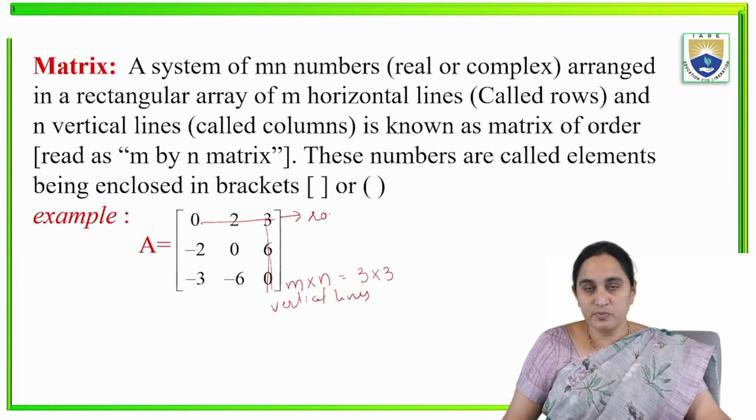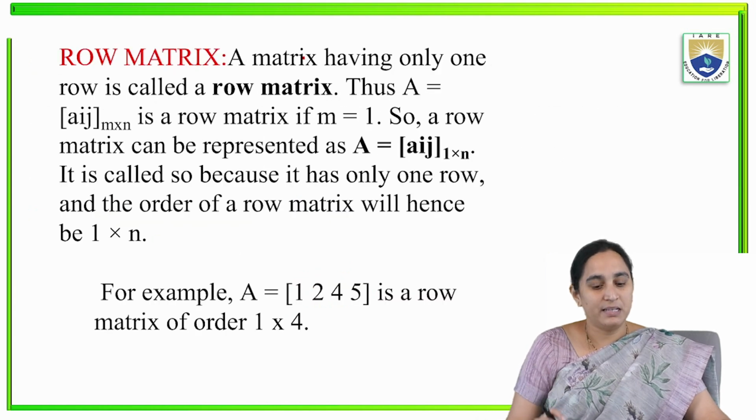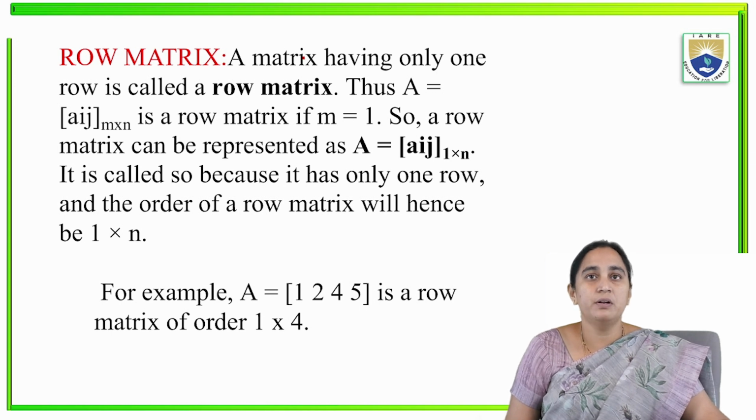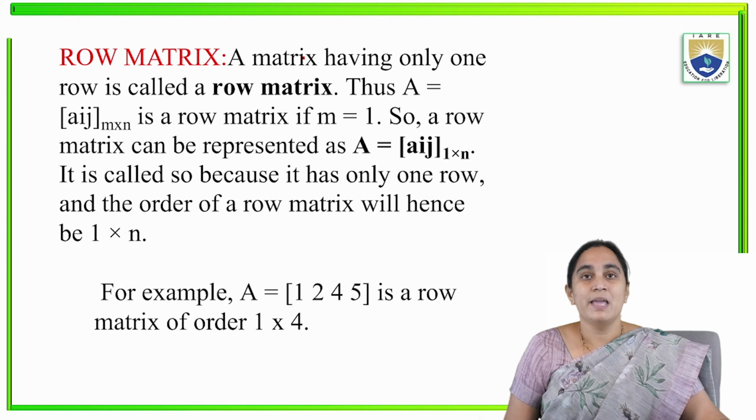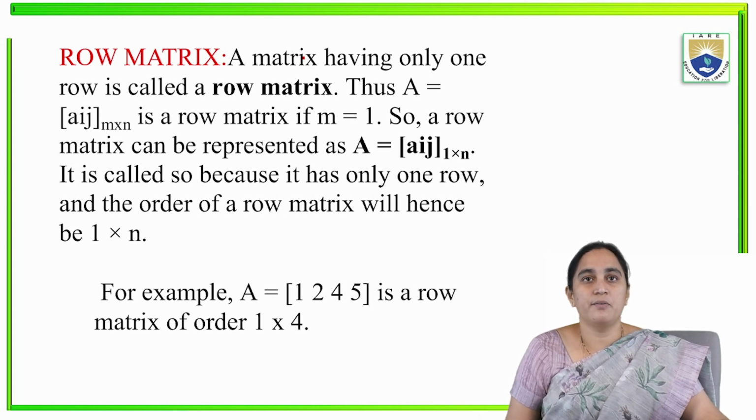Now I'll discuss the first one after the definition of the matrix, that is the row matrix. It is a very simple definition. What does a row matrix mean? A matrix having only one row is called a row matrix.